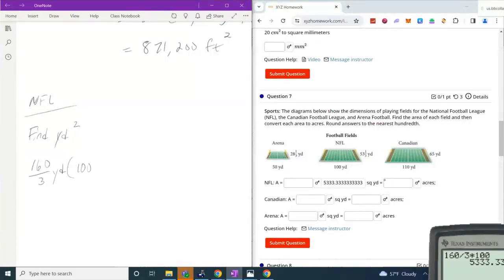I multiplied by 100, and that's where the 5,333.33 comes in. Yard square. Now I want to find acres.